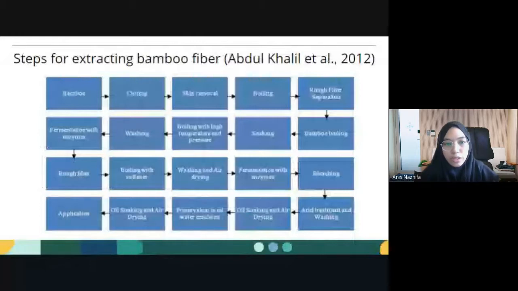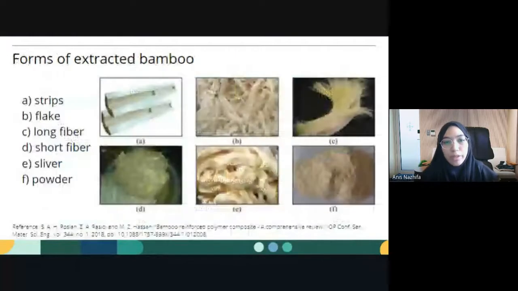This figure here shows the steps for extracting bamboo fiber, and depending on the manufacturing process, it is useful to separate into rough or fine bamboo. Bamboo fiber can be mechanically extracted using various methods, and this figure here shows the most frequent types of extracted bamboo, which are strips, flake, long fiber, short fiber, sliver, and powder.